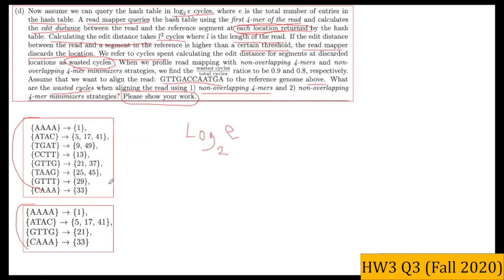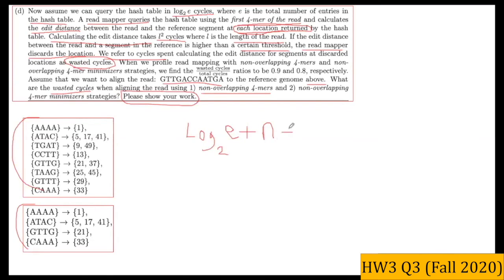Now, the hash table, assumed, returns some number of locations, let's assume to be n. At every location of this returned location, we need to perform edit distance operation.